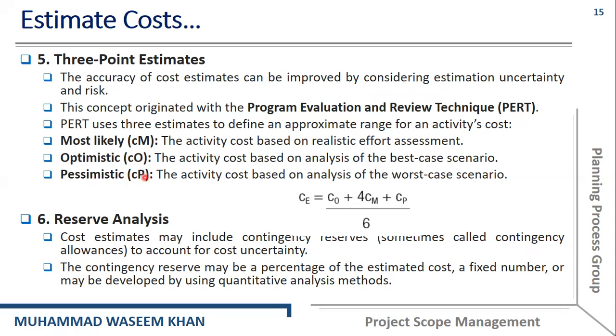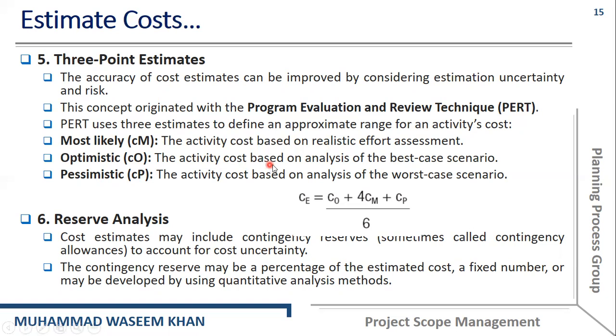And in schedule management, we used to say most likely time, optimistic time, and pessimistic time. So as you know, here we are discussing the cost. So that's why we call it the most likely cost, optimistic cost, and pessimistic cost. So most likely cost is actually the activity cost, which is based on the realistic effort assessment.